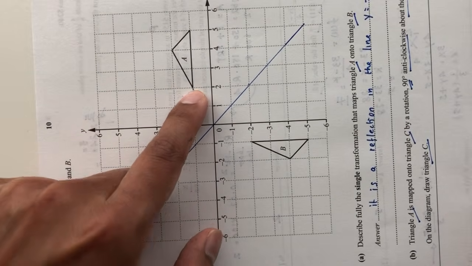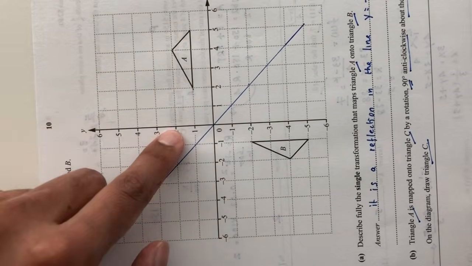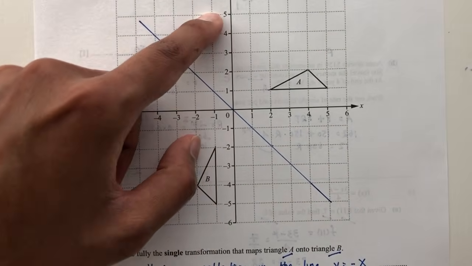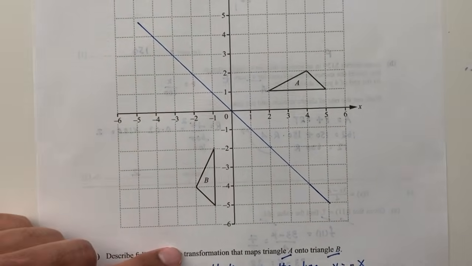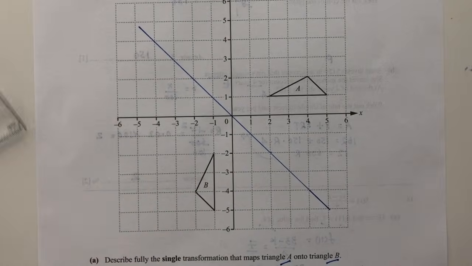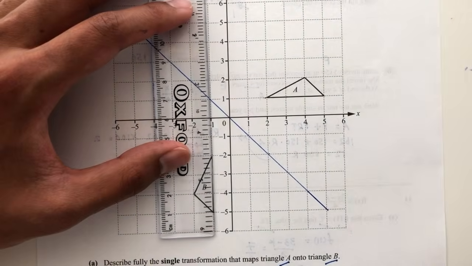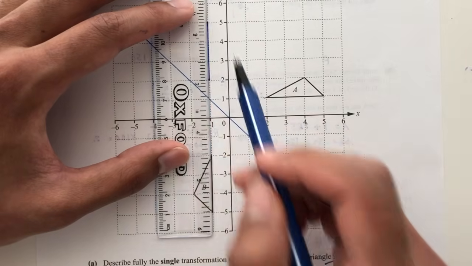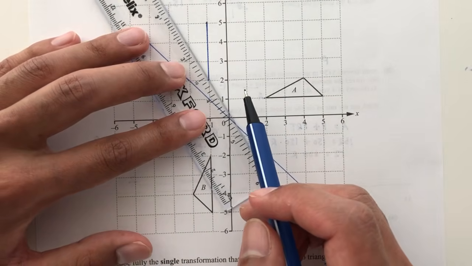So 2 to 5 and then 2 to 4. Same shape. So 2 to 5 will be this one, and 2 to 4 will be this one.